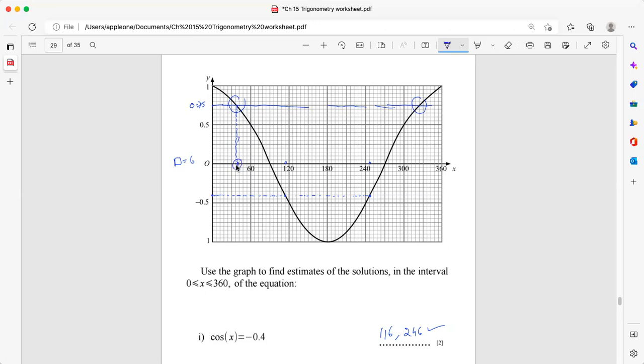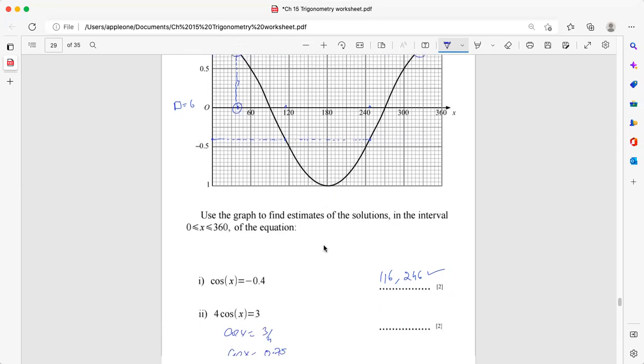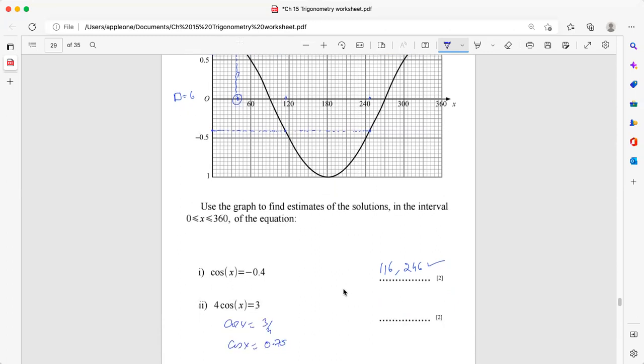So it's between 36 and 42. The answer is basically between these two values. So I will write more than 36, let's say 39 or 38.5.